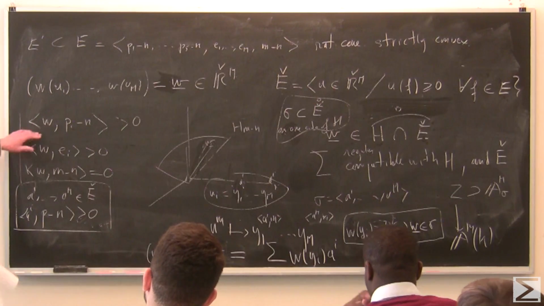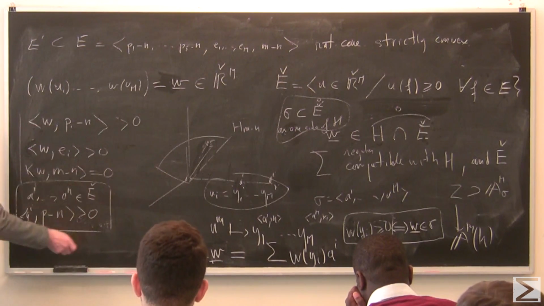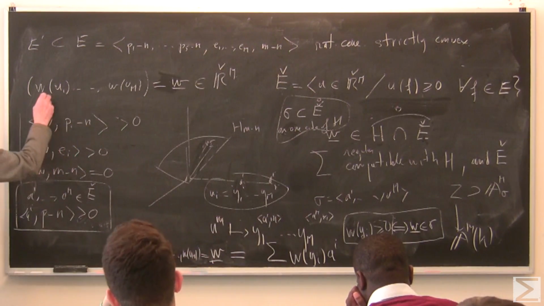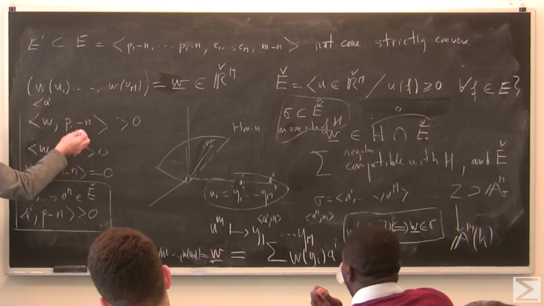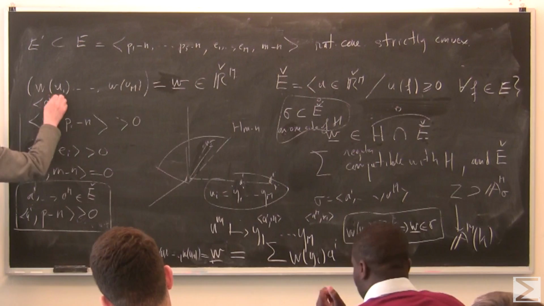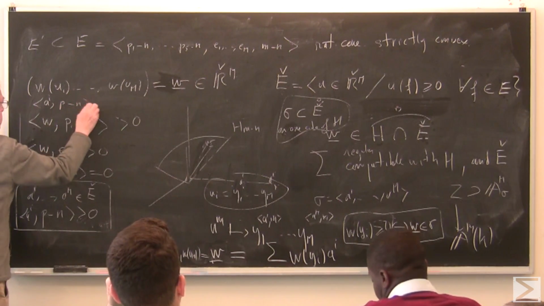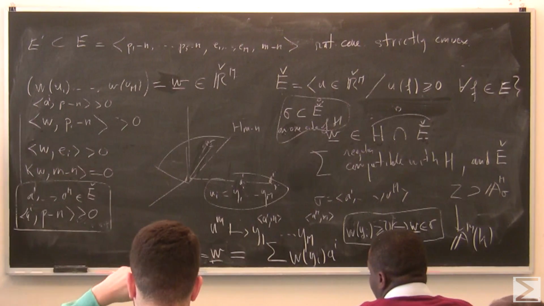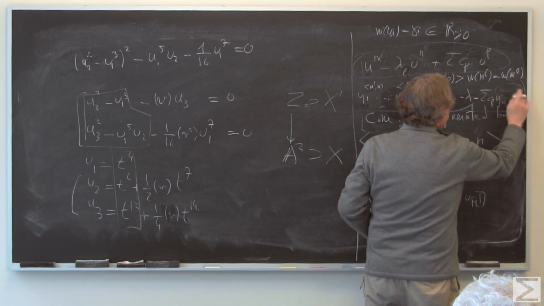Because of this, by this geometric argument, I have transformed this assumption into the assumption that I have a cone sigma, which is regular, which is of maximal dimension, and such that all the AI p minus n are positive. So the AI p minus n are the exponents which I have here.